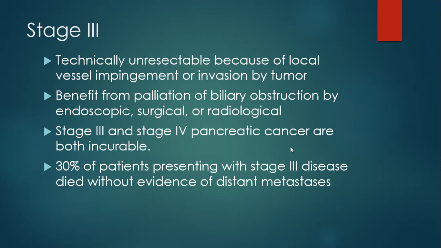Technically, when we come to stage 3, the tumor is unresectable because of local vascular involvement, and palliation, either surgical or endoscopic, is the method of choice. Usually they are incurable, and 30% of patients presenting with stage 3 disease die with evidence of distant metastasis as well.